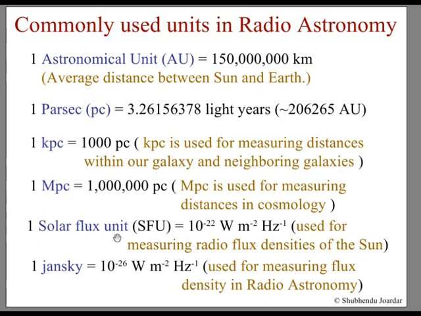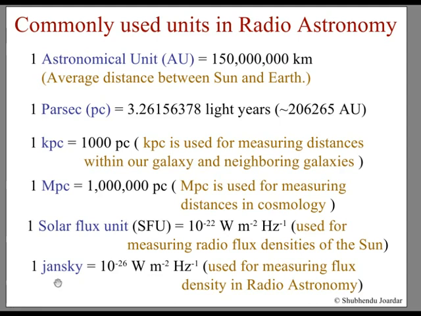And the Sun also emits in radio, which we will see later. So for measuring the power per unit area per unit bandwidth, we call this 1 solar flux unit, that is equal to 10 to the power minus 22 watt per meter square per hertz.